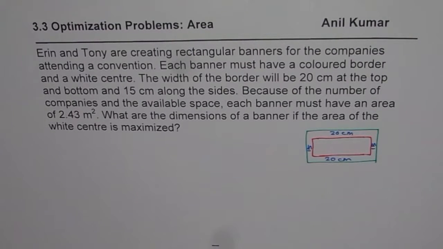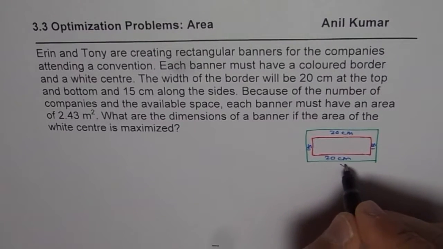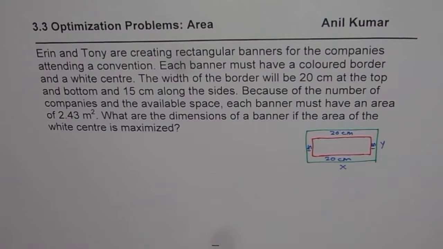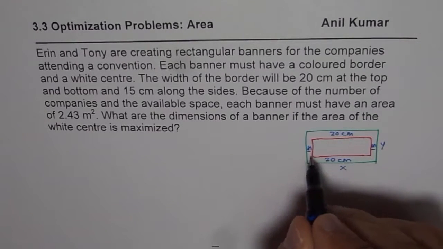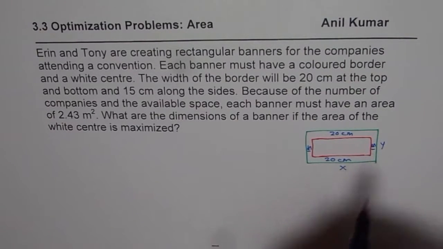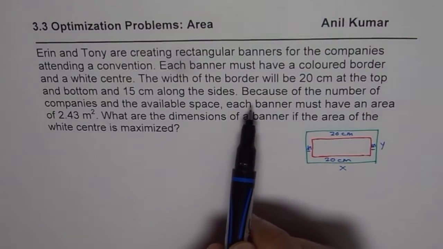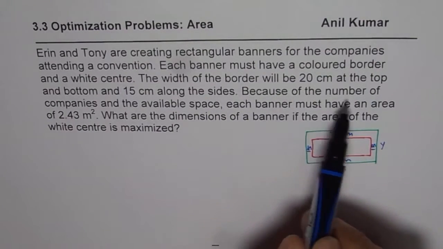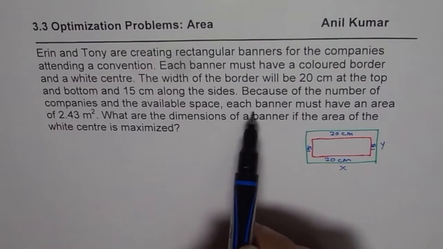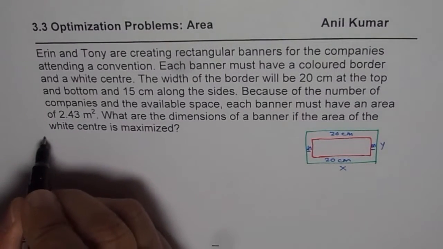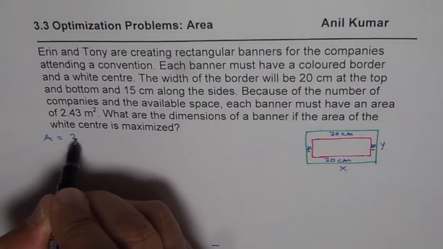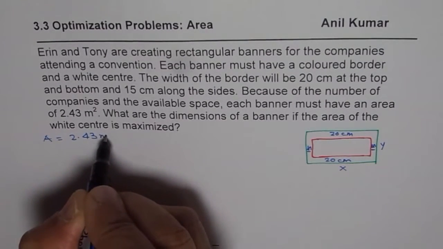Let us assume that the length and width of this banner are x and y. So we say x and y, right? We will write x and y in centimeters since the border dimensions are given in centimeters. Now let's read the question. The important part here is, because of the number of companies and available space, each banner must have an area of 2.43 meters squared.